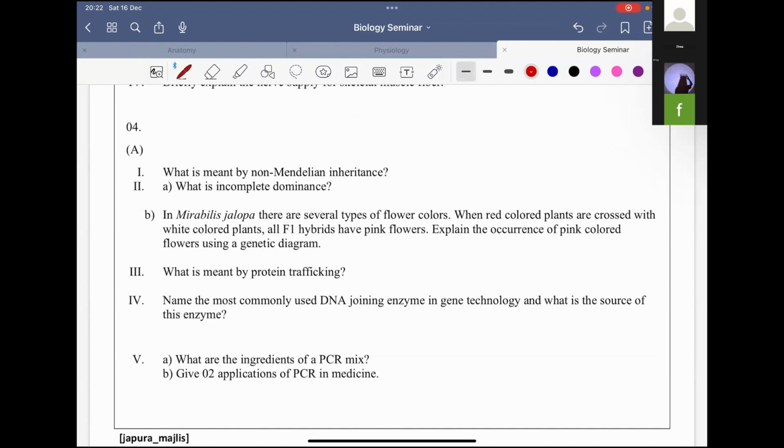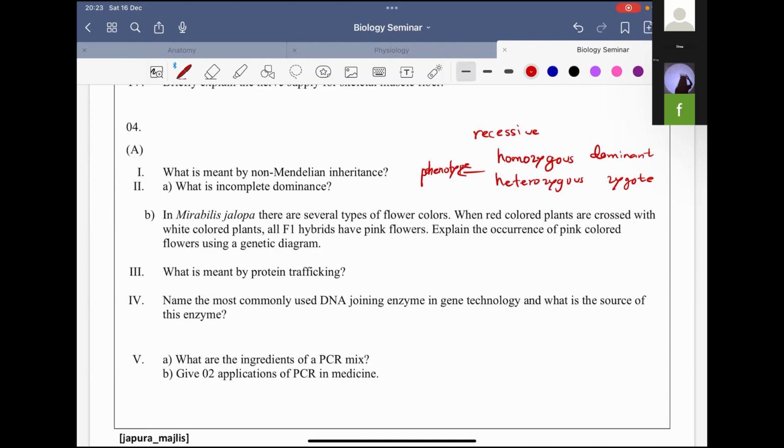In complete dominance, the dominant allele will completely mask the recessive phenotype, resulting in similar phenotypes for both the homozygous dominant zygote as well as the heterozygous zygote. Both will show the same phenotype.